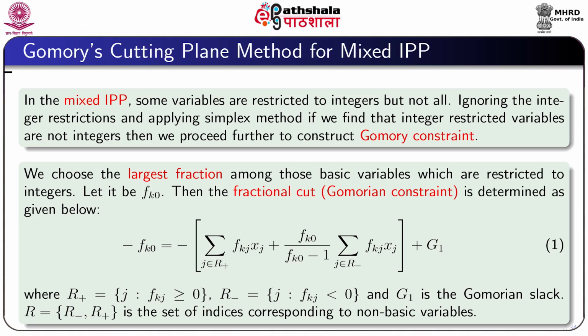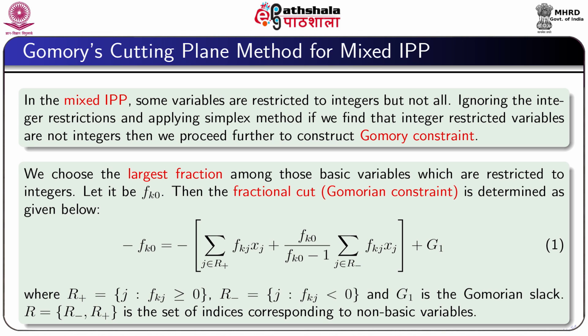So, let us now proceed to discuss Gomory's cutting plane method for mixed integer programming problem. In the mixed integer programming problem, some variables are restricted to integers, but not all. So, we first ignore the integer restrictions and then we apply usual simplex method.